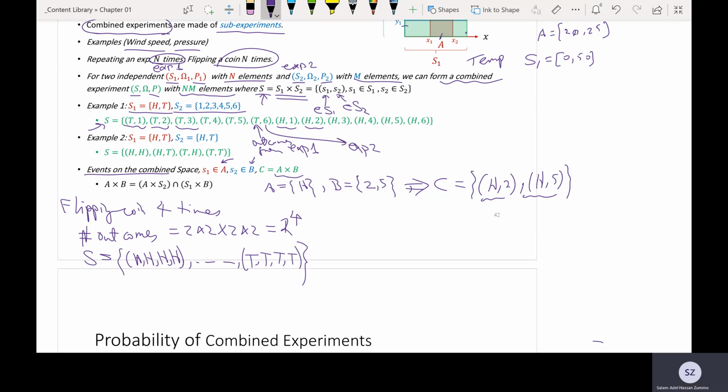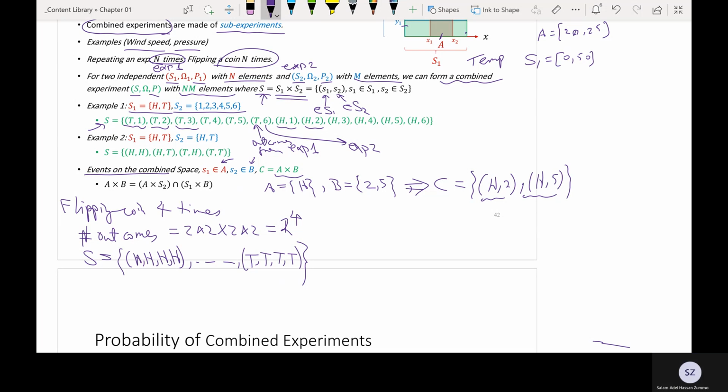Remember, if it's one experiment, it's just an outcome. Here, it's a set of outcomes, for example 2 outcomes. Now the first experiment is tossing a coin, and the second experiment is rolling a die. You can't get a 2 in the first experiment, because the first experiment is not about rolling a die; it's about tossing a coin.